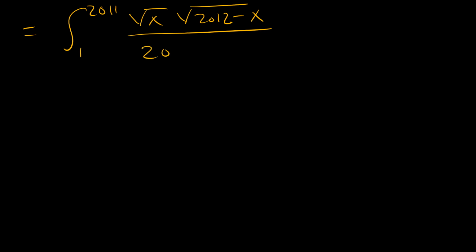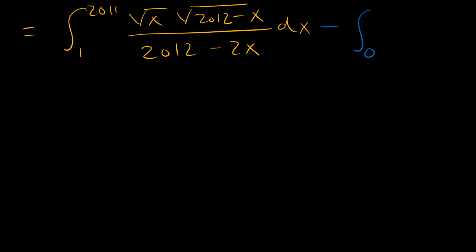So we come to split it into two separate integrals. So we have square root of x, square root of 2012 minus x over 2012 minus 2x, right? And then the second integral here, I could write it in blue.